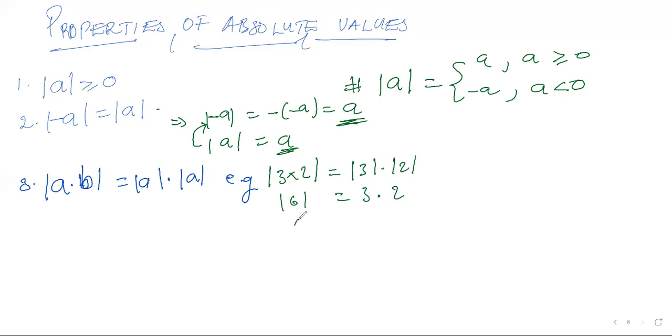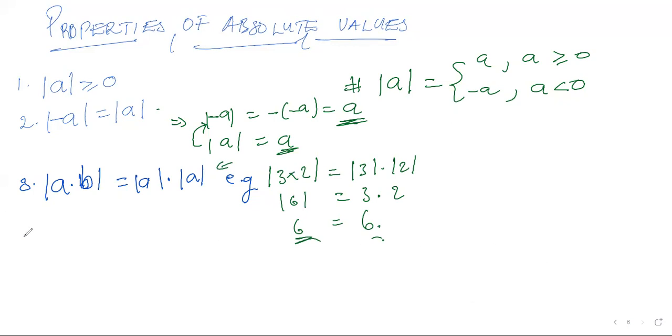Modulus of 6 is always going to be 6, and 3 times 2 is always 6. Henceforth the two are equal, which implies that our property is correct and we should not worry about it.